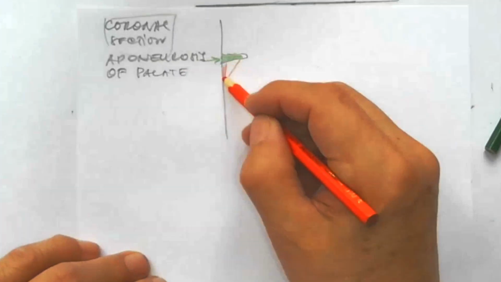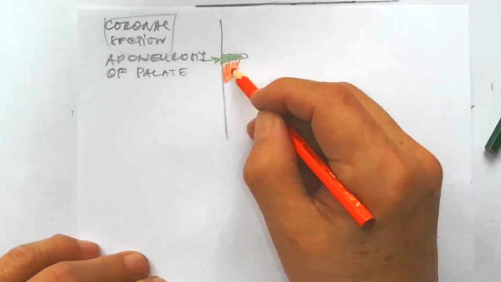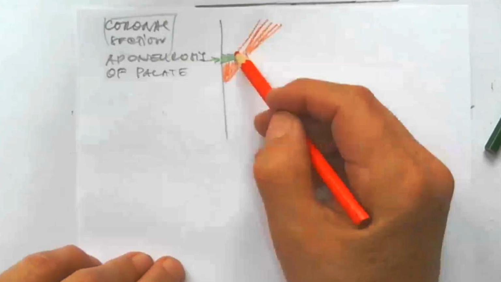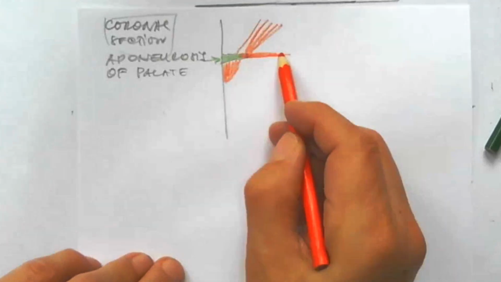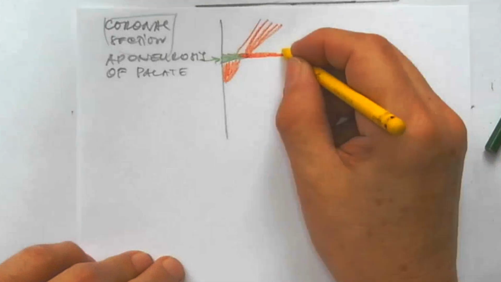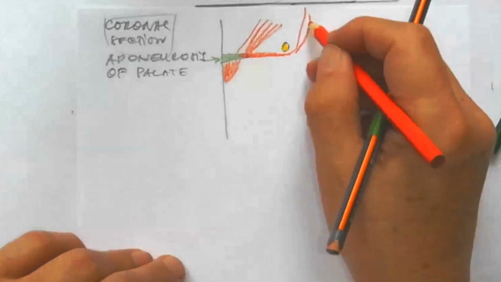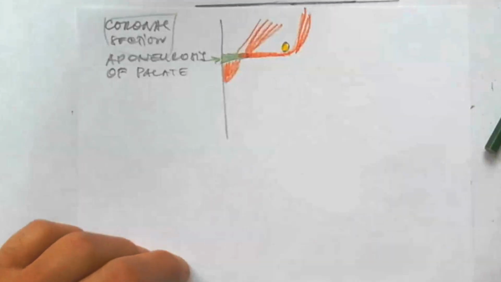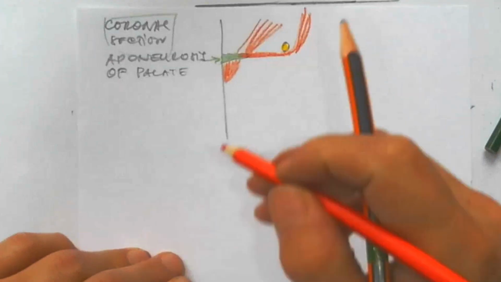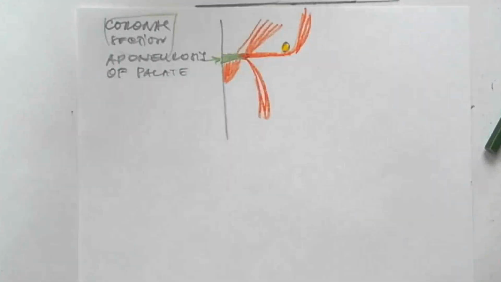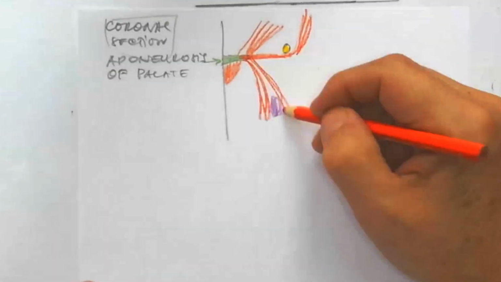to which are attached all the other muscles, like the uvular muscle, then the levator of the palate, then the tensor, which runs around the hamulus of the pterygoid process of the sphenoid bone, and there are two muscles descending here, which are in fact the palatoglossus and palatopharyngeus.